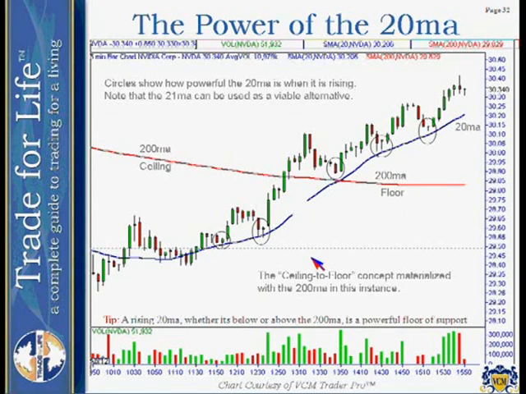So, if you look carefully at this circle, that's a 55, that's a 100% retracement of a red bar event right off the 20. Here's a 100% retracement of a red bar right off or near the 20. Here's a 100% retracement of a red bar right off the 20. Here's a 100% takeout of a neutral bar right off the 20.